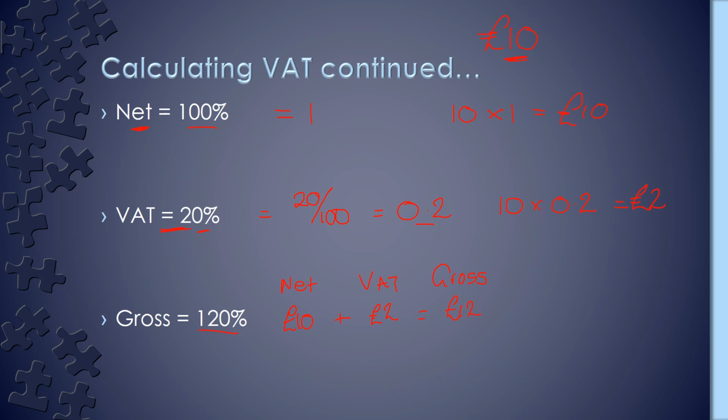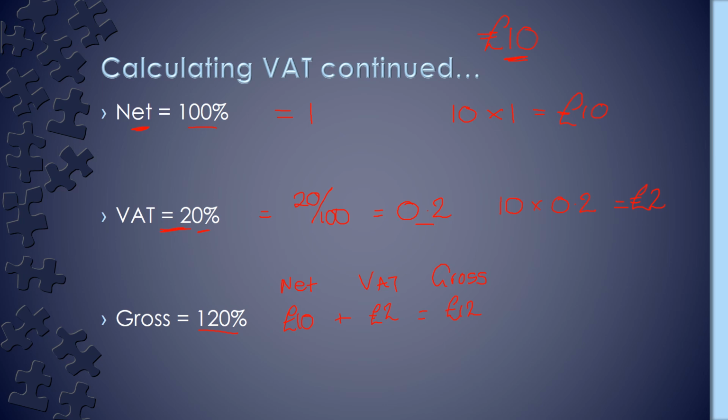But let's think about this. We've got our net at 100%, which equals 1, so 10 times 1 is 10. We've got our VAT at 20%, which is 0.2, so we worked out our VAT by 10 times 0.2. If we know the VAT rate, we can actually jump from our net amount to our gross amount without having to calculate the VAT in the middle as a separate thing.